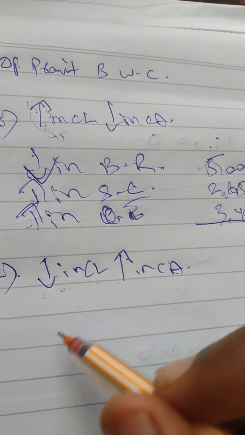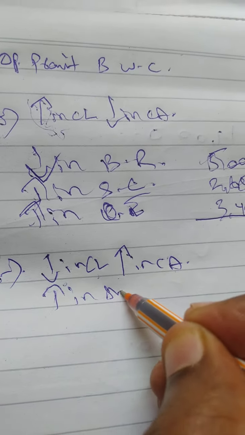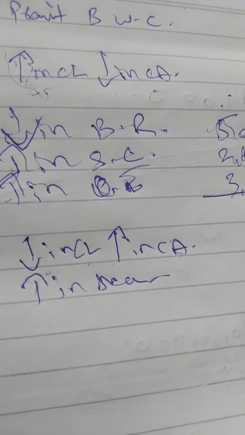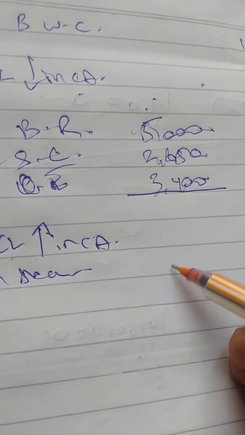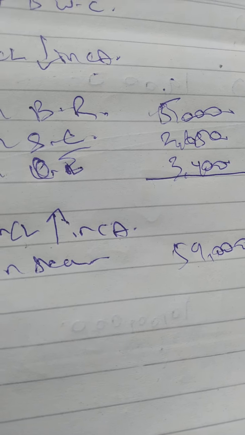What is the first item? Refer the stock. Increase in stock, how much? 59,000. 6,59,000 minus 6 lakh. Then what else?